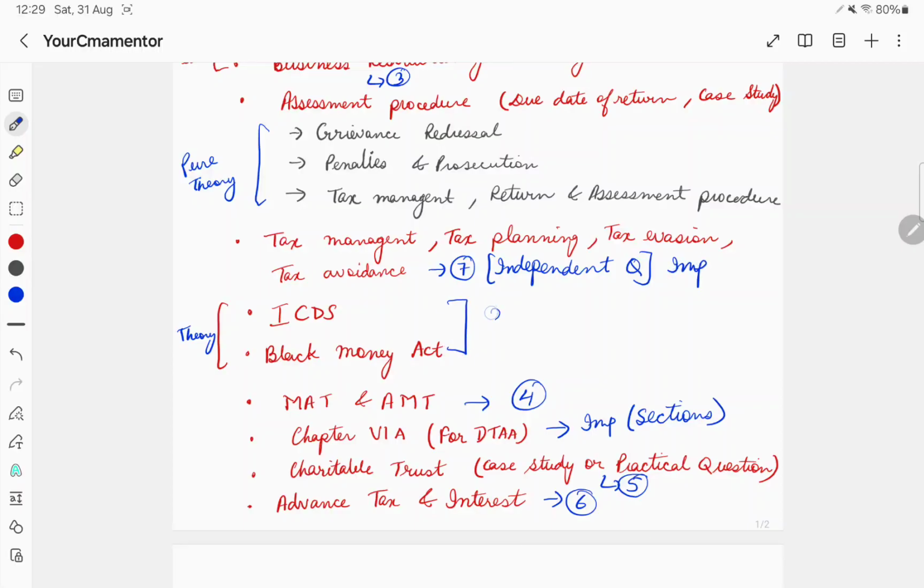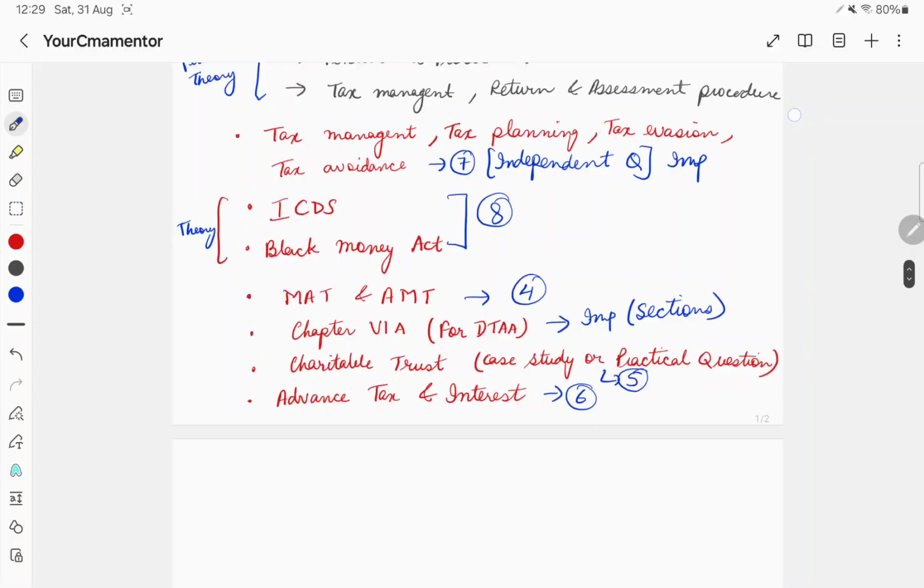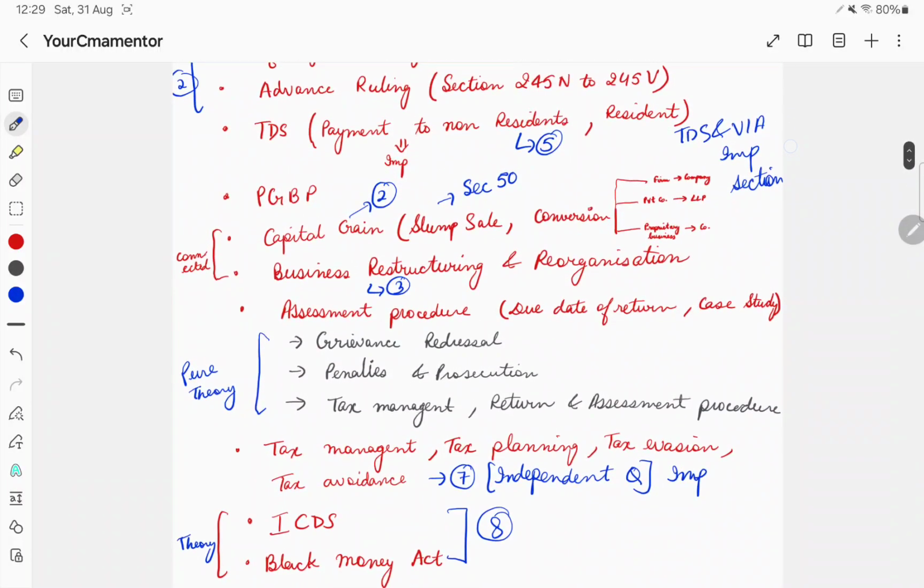Then give a random read to both of these chapters, that is ICDS and black money. After that, I would suggest you go with assessment procedure. It is a very important chapter from the exam point of view for CMA, because an independent question always comes from this chapter.